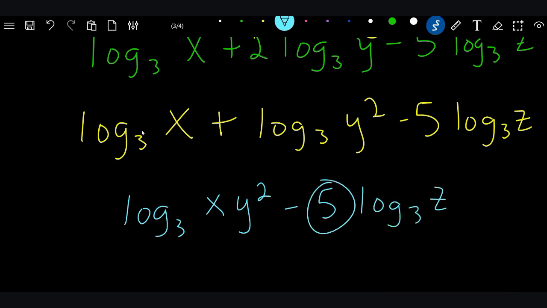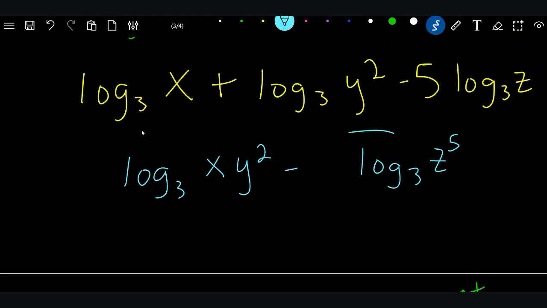I forgot about that one. That one is another power rule, so that one would go over here. I'll go ahead and do that right now. I'll move that 5 over to the exponent of the z. There we go. Now we just want to deal with this one, and the way we would deal with it is it's a division problem. So we'll get rid of that and make it a division problem, and it would be log 3z to the 5th.